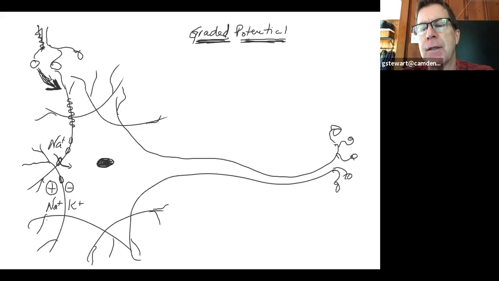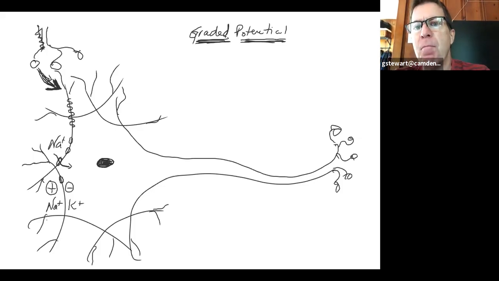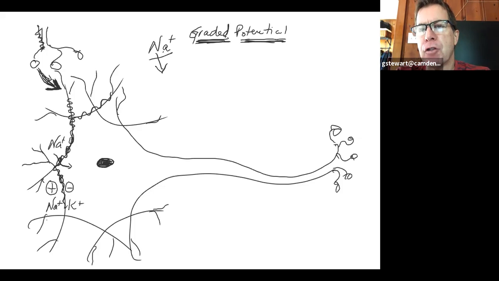That causes a relatively mild depolarization all around this membrane. From now on, when I say the word depolarization, I want you to think sodium ions going into the cell, and that causes a flipping of charge. It causes depolarization.